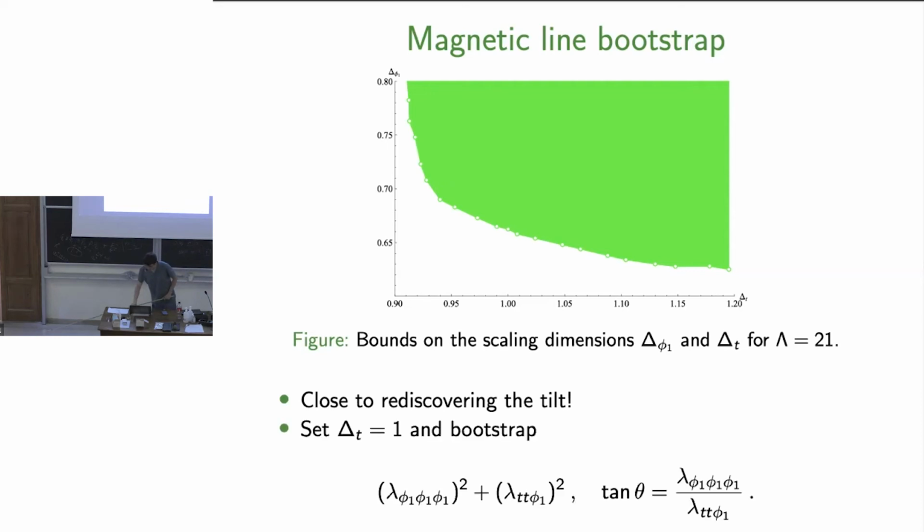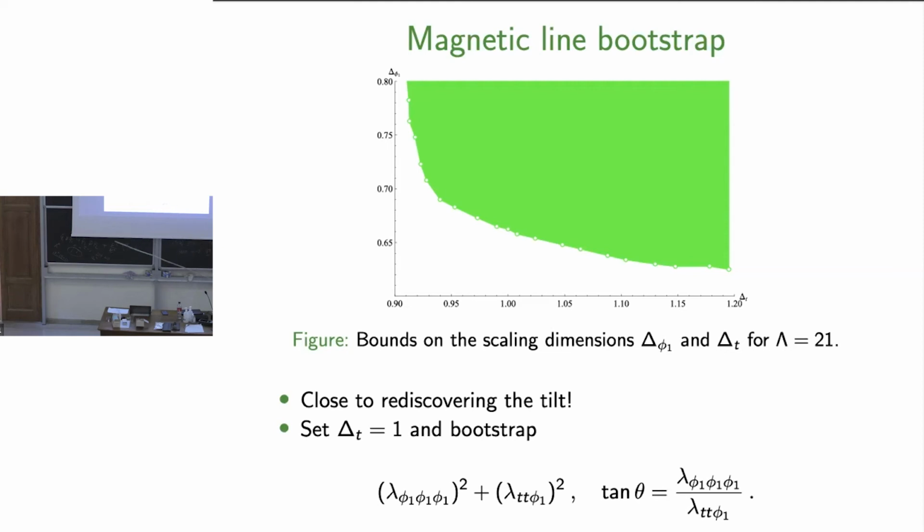So let's keep pushing. Seeing that the numerics is rediscovering the tilt and the bound on delta phi is not that great, we're now going to input the tilt, in addition to the gaps that we already had. And now we're going to scan for allowed values for OPE coefficients as a function of delta phi.